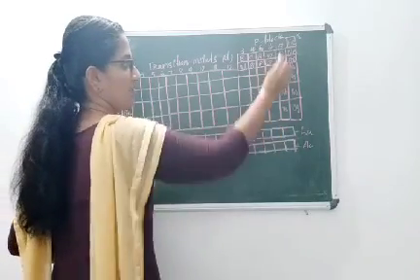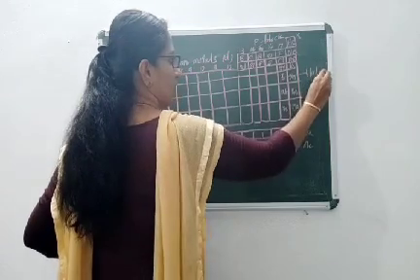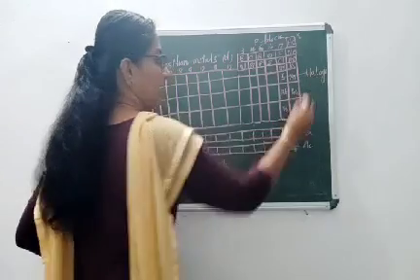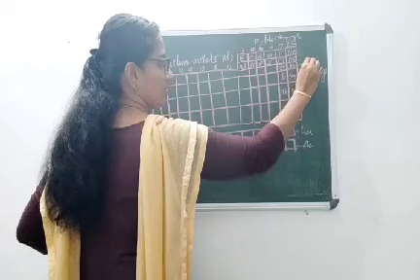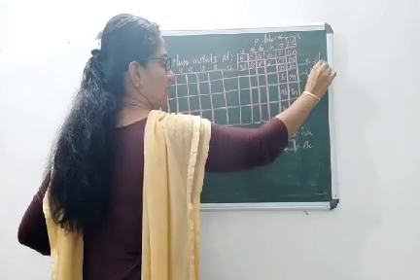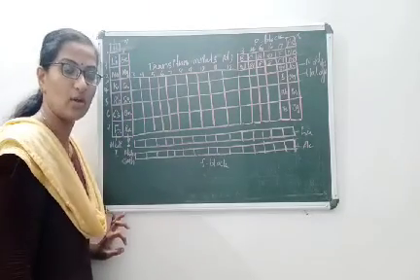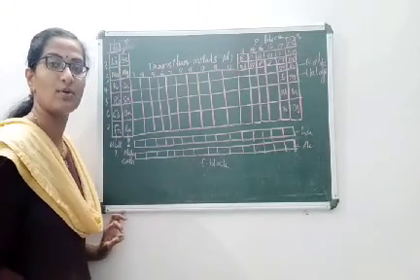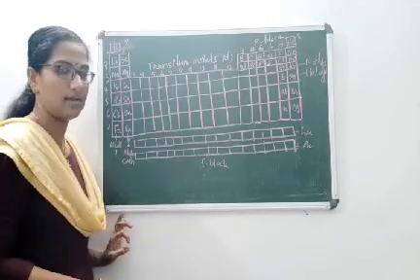The 17th group is known as the halogens, which are highly electronegative elements. The last group is known as the noble gases, or zero group elements, or inert elements.